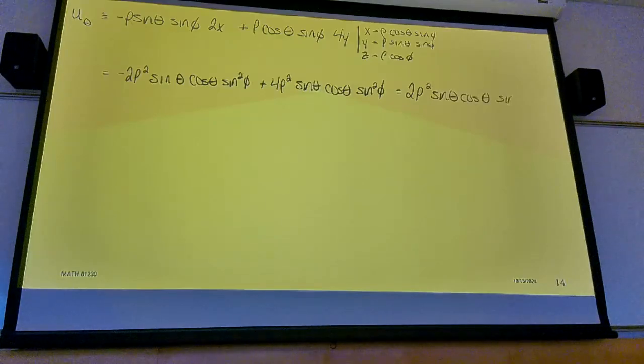Can that be simplified? Probably sine cubed, no, no.